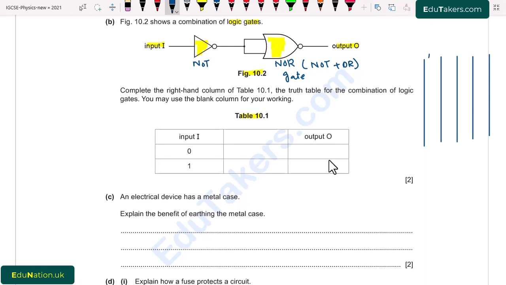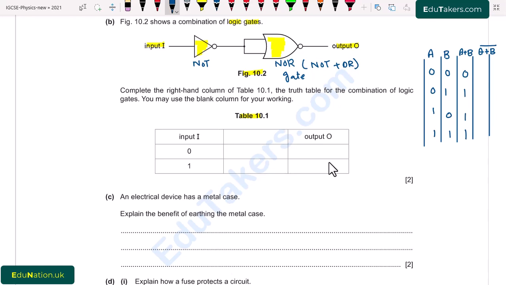I consider that there are two inputs A and B, and when I OR these inputs it will be A or B. But we have to draw this truth table according to NOR gate. So it will be A or B, and I take NOT of this. So first of all consider that inputs are 0 0, then 0 1, 1 0 and 1 1, and when I apply OR gate over it, it will be 0 1 1 and 1.